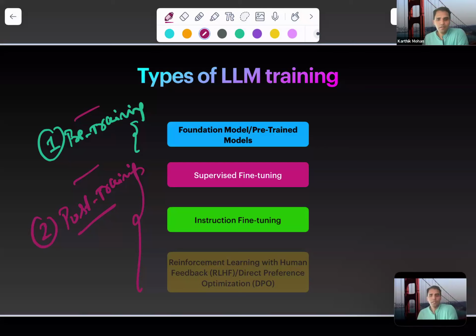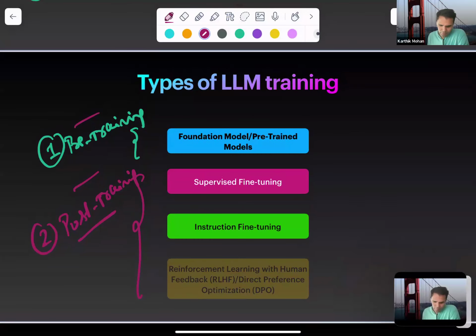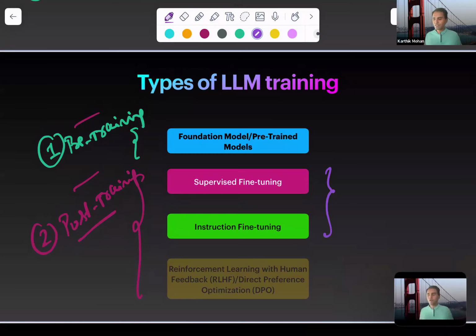And then we have post-training. Post-training can consist of a few different things like supervised fine-tuning, instruction fine-tuning, and reinforcement learning. So you'll hear different kinds of training within the post-training process. We'll dive a little bit into supervised fine-tuning and instruction fine-tuning because it sets the framework for us to understand these models better.